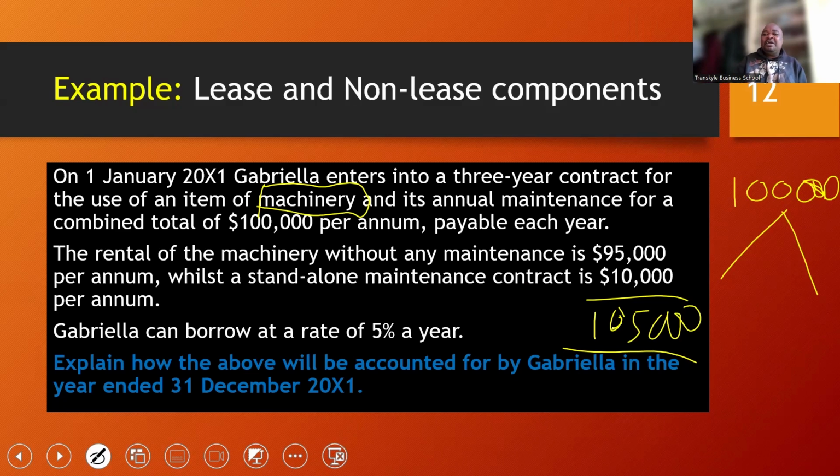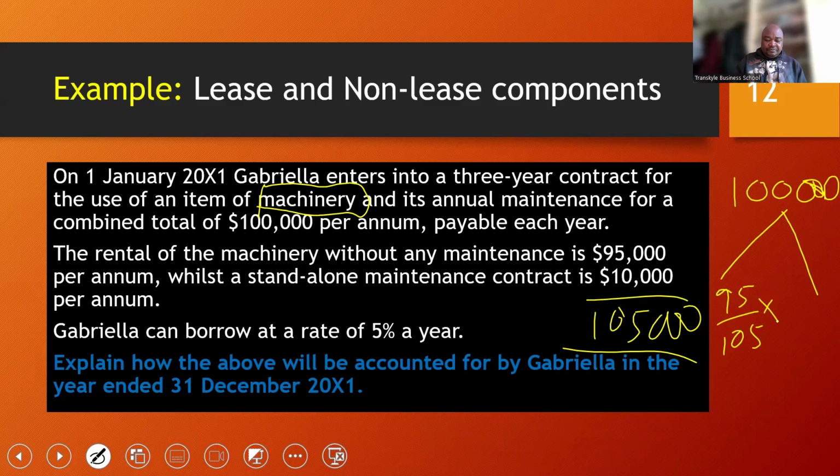The numerator being the standalone prices per each category. So for the lease, the machine rental, that is 95 over 105 multiplied by 100,000, which is the amount at the top here.